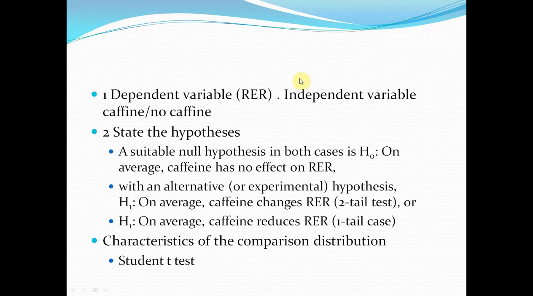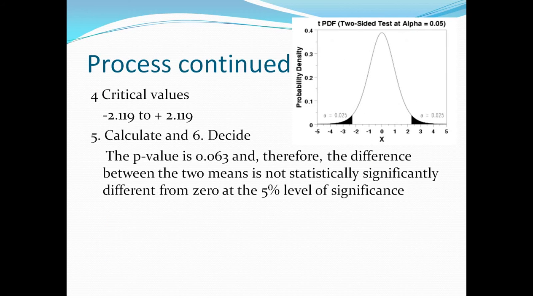So the dependent variable is the RER and the independent variable is the caffeine. So the caffeine, we think, is the thing that causes the effect, the outcome. And the RER is the thing that's dependent. Null hypothesis here, and we're going to go with a two-tailed, no effect. It's a student t-test. And why is it a student t-test?